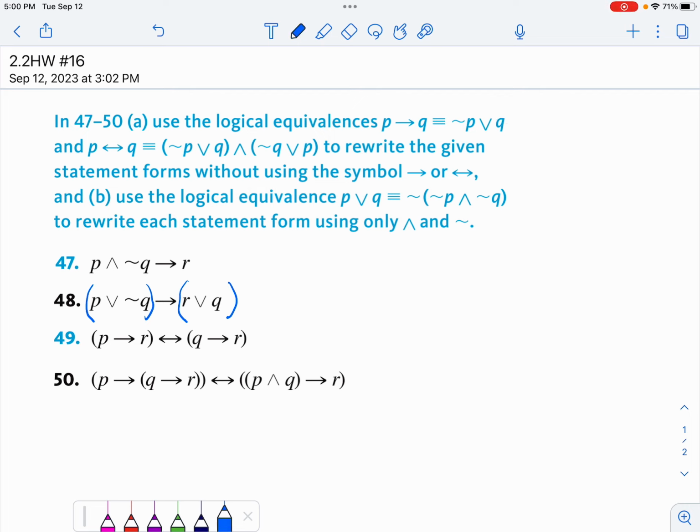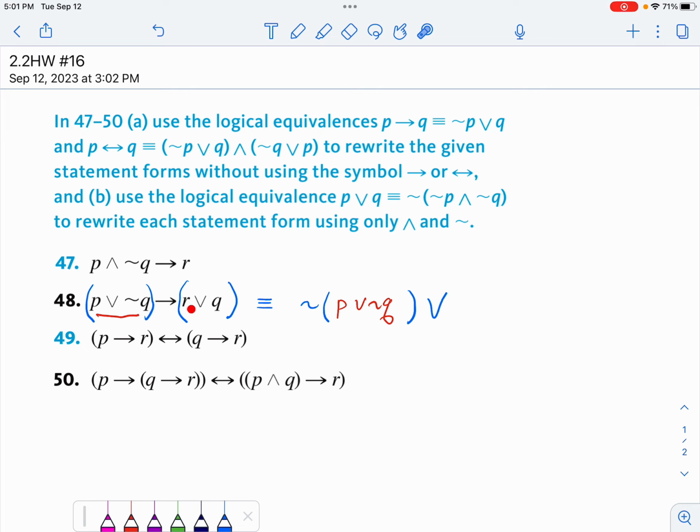So applying this logical equivalence, I can rewrite this as not the first part. What is my first part? This is my first part, P or not Q. And then I have to use or the second part.